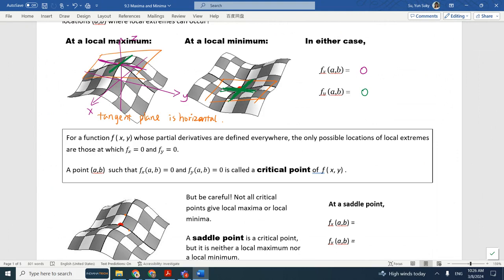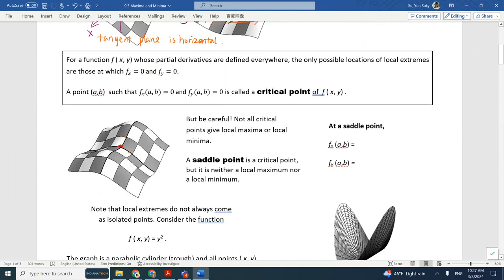This is also similar to what we learned in Applied Cal 1, right? What's a critical point? When your first derivative is 0 or undefined. Okay, and if the first partial derivative exists, then the critical point means the derivative must be 0.